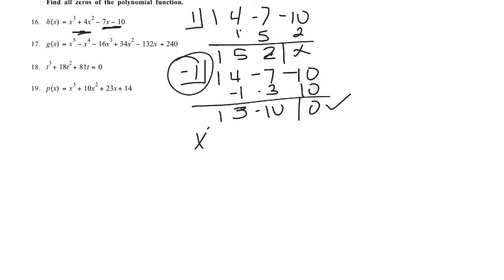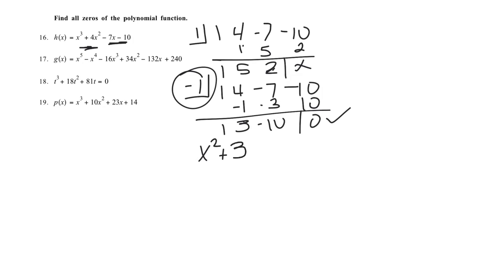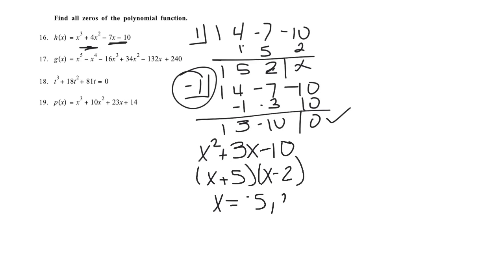I have x squared plus 3x minus 10, which does not factor because there are not two numbers that multiply. Oh, yes, the x minus 5 or plus 5 and x minus 2. Right, 5 minus 2 is positive 3, 5 times negative 2 is negative 10, so my x's are negative 5, positive 2, and the negative 1 that I had found earlier.